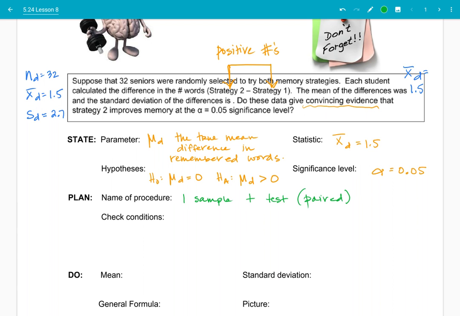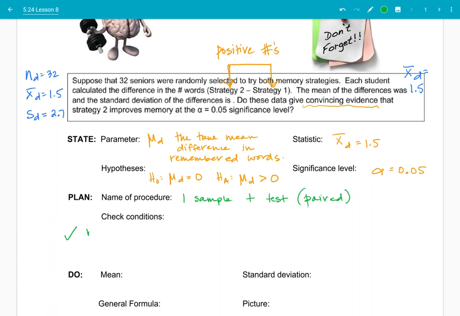We have randomly selected seniors. Our 10% condition. We have paired data, and we are looking at approximately normal for our distribution.